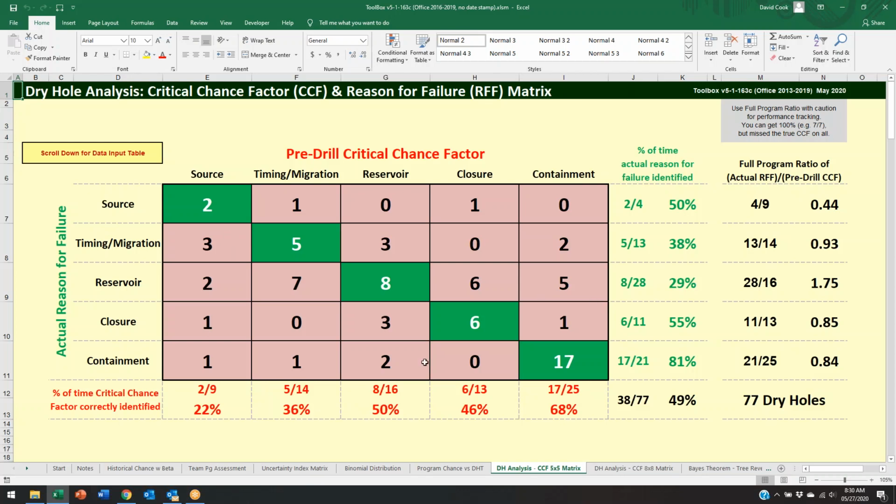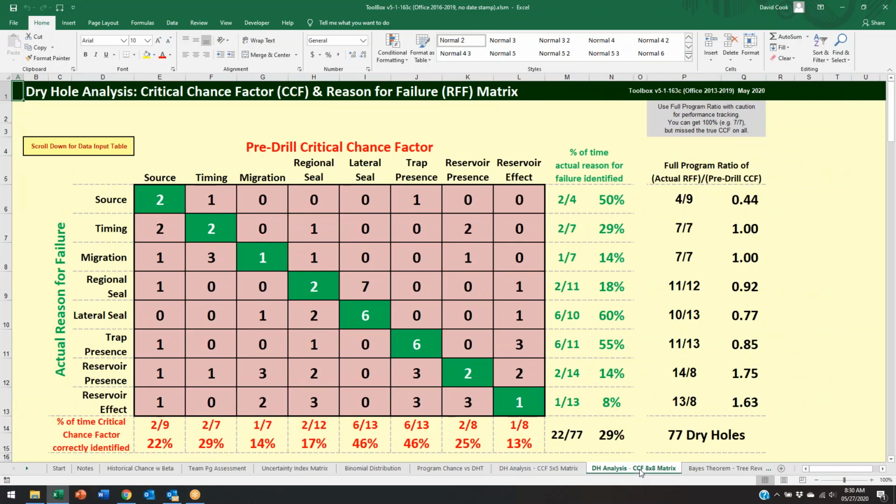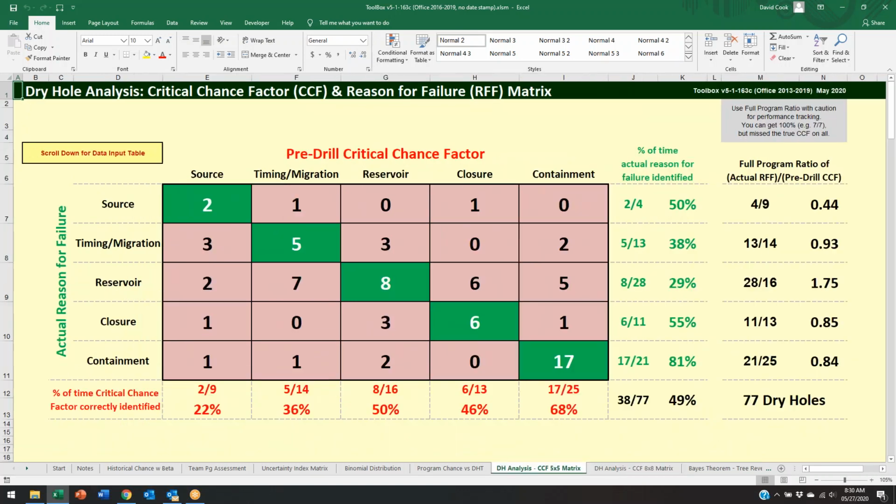This matrix is available for the typical Rose and Associates 5x5 components, and there's also one with an 8x8 matrix with different subcomponents.